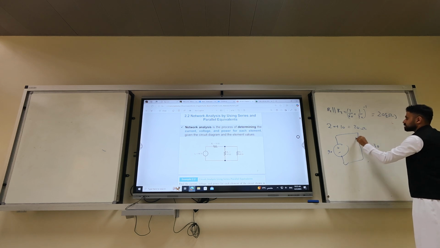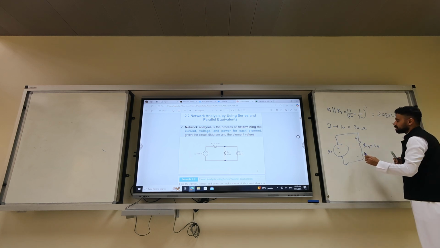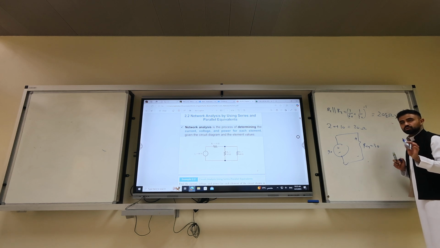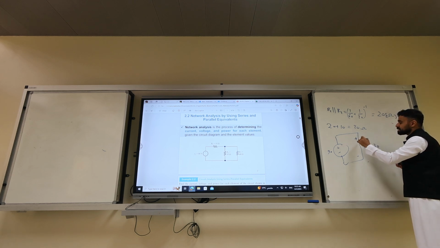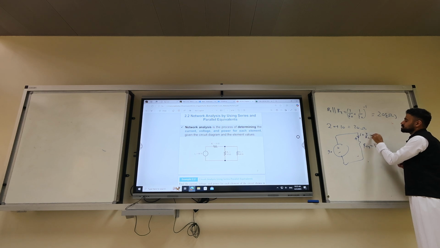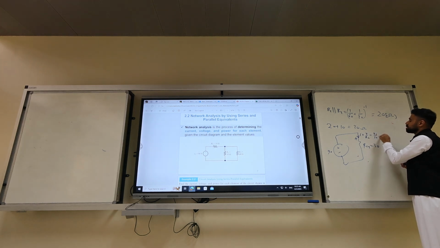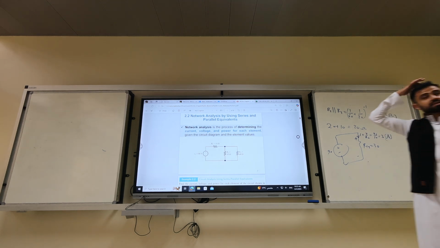So the current will be moving in which direction? If he doesn't specify, from positive, try to put it so that it enters the positive. It's going to be V over R equivalent, which is 90 over 30. I don't know, 3 amps. Get it? See how we made it simplified?